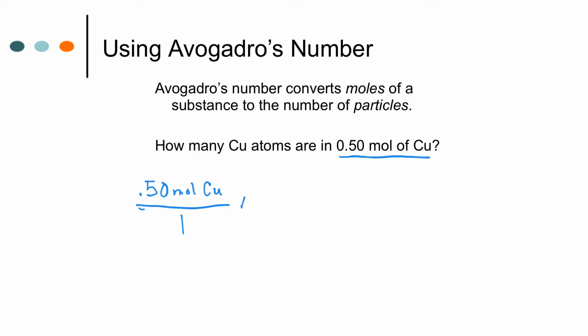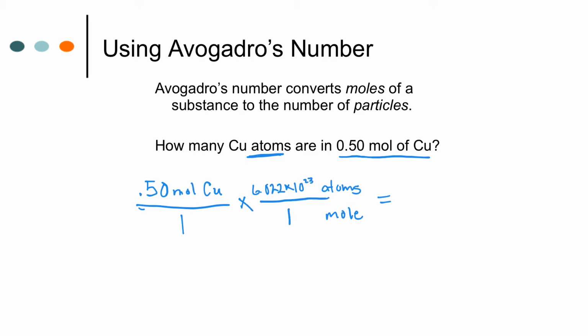And then we're going to multiply it by our conversion factor, right? Because we want to know how many atoms. So if we want to know how many atoms, we're going to put atoms on top and mole on the bottom. And if you remember, we know that there are 6.022 times 10 to the 23rd atoms per mole. And so that's what we're going to put here. 6.022 times 10 to the 23rd over 1.